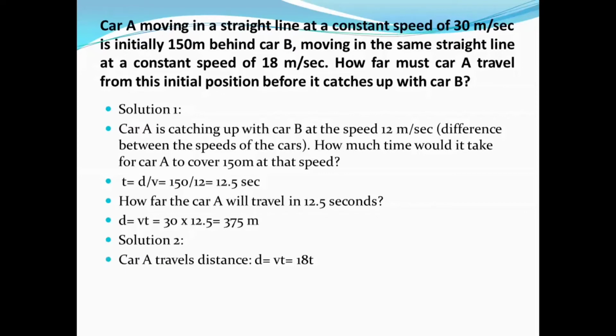Now, when car B is traveling, it travels a distance of d is equal to v into t, so it is 18 times t.